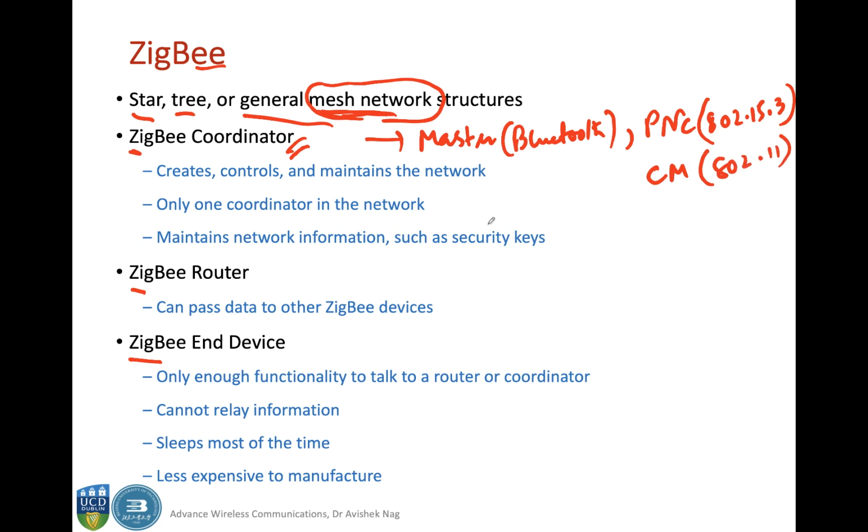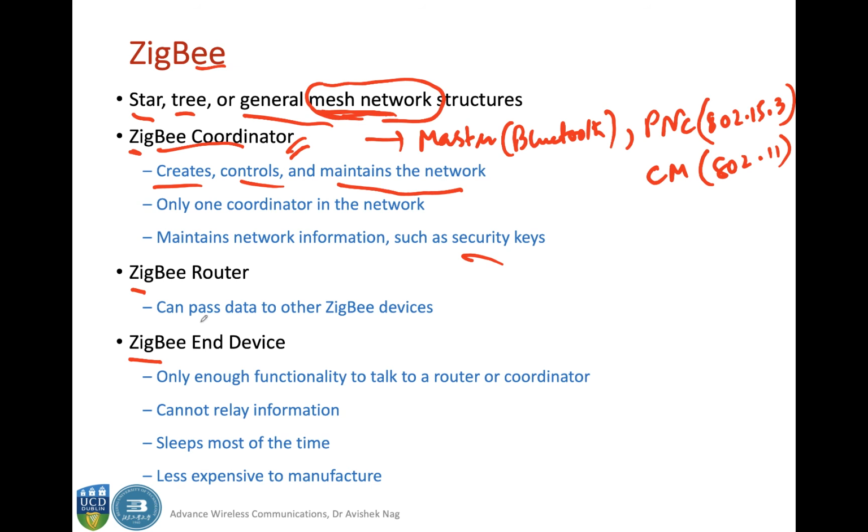So this has the same functionality. It creates, controls and maintains the network, only one coordinator in the network should be allowed, and it maintains network information such as security keys, etc.